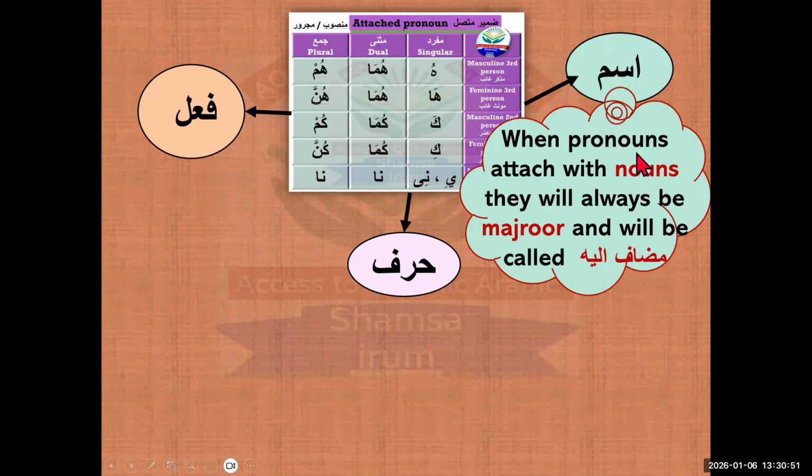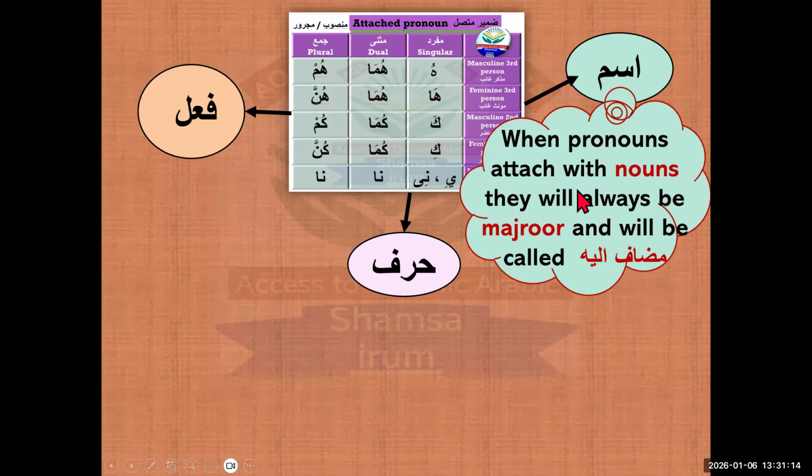They will always be in majroor state, and they will be called mudafun ilay. In that case the i'rab of these pronouns will be majroor, because mudafun ilay is always in majroor state.